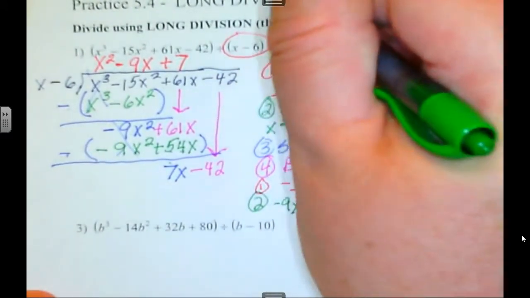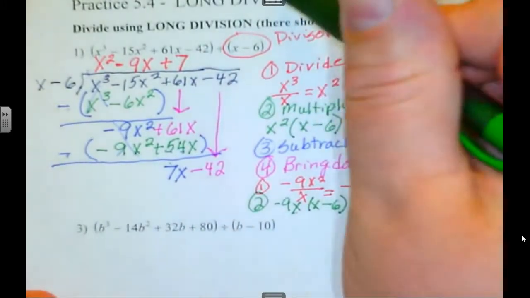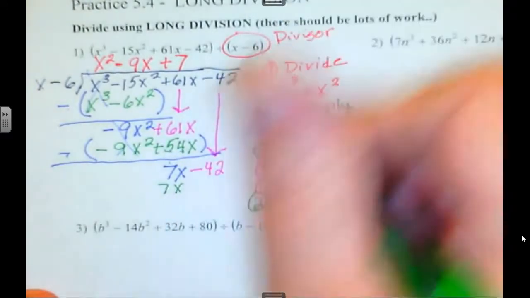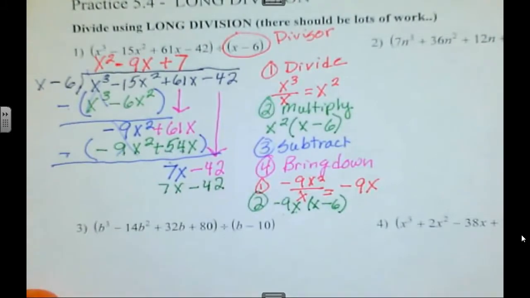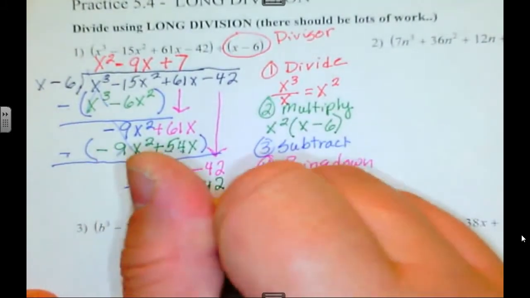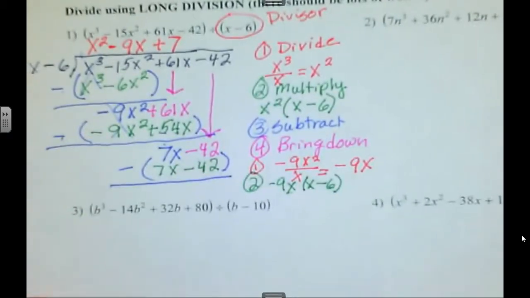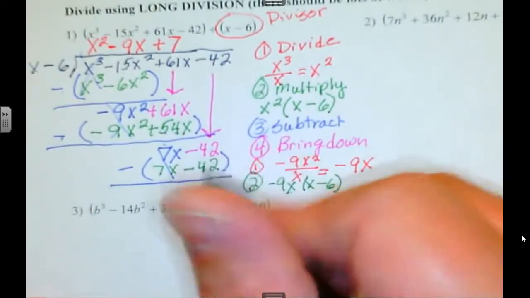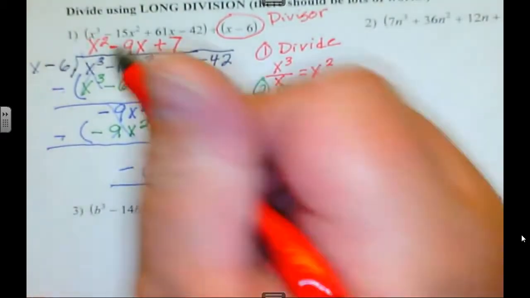I'm going to take this 7, multiply it times x minus 6. So I have 7x minus 42. And I'm pretty sure I'm not going to get a remainder. Step 3, subtract. These cancel out to 0. Negative 42 minus a negative 42 is 0. So no remainder. That's my answer.